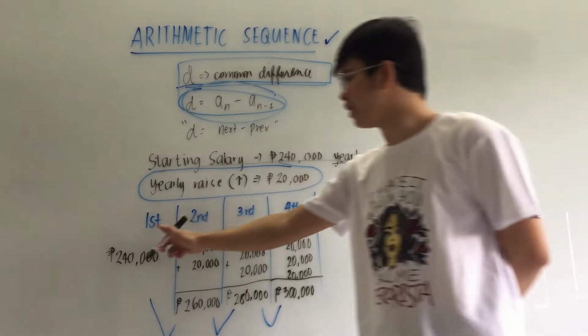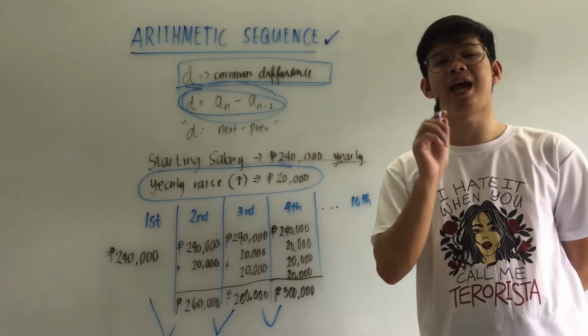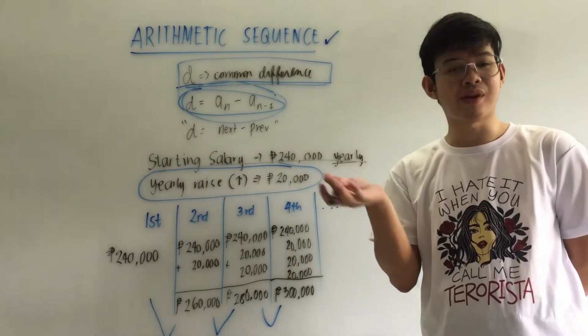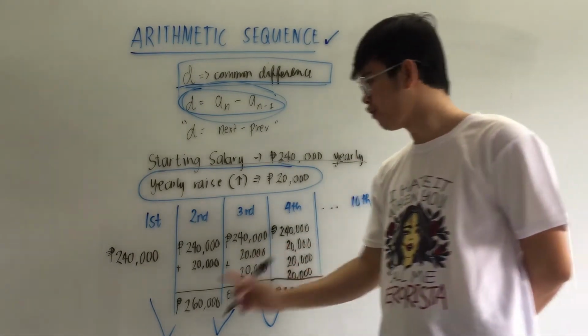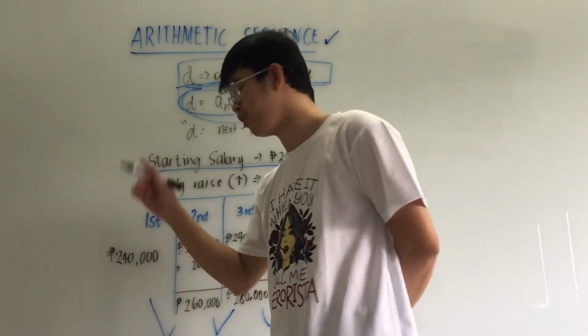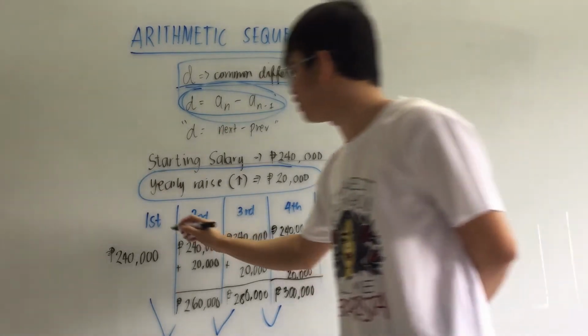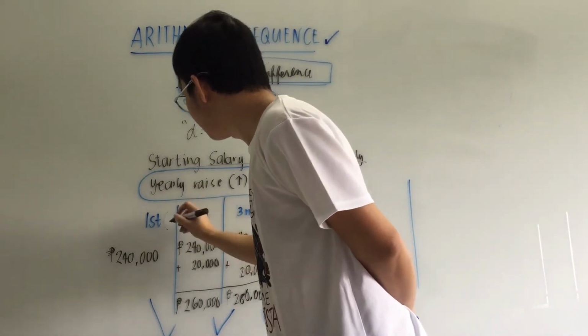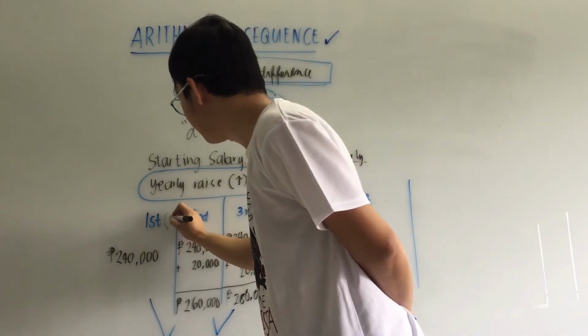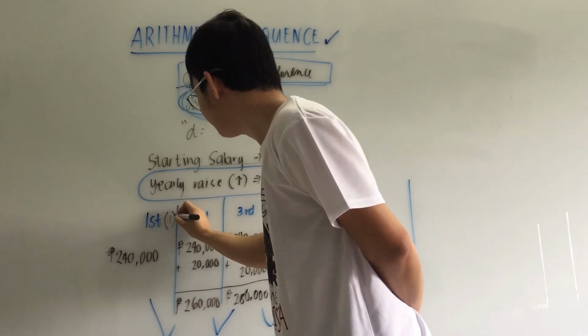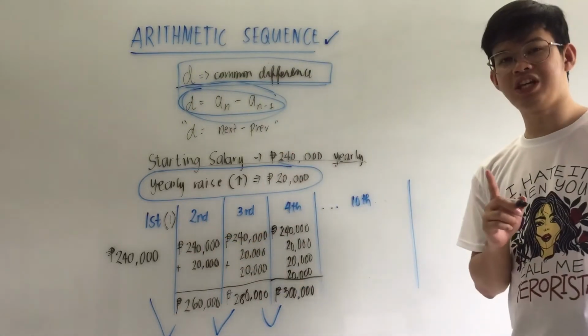For the first year, how many 20,000s did we add? Did we add any 20,000s there? No. Of course, we didn't add any. So therefore, it's 0. We don't add any 20,000 pesos. The domain here is 1. What about for the second year?